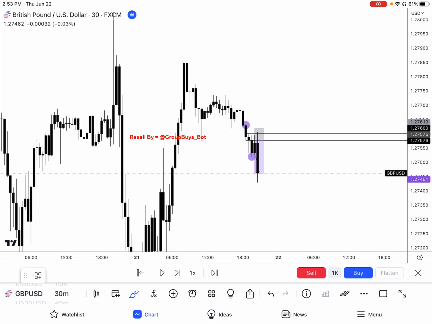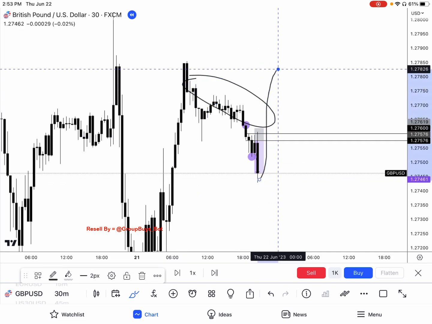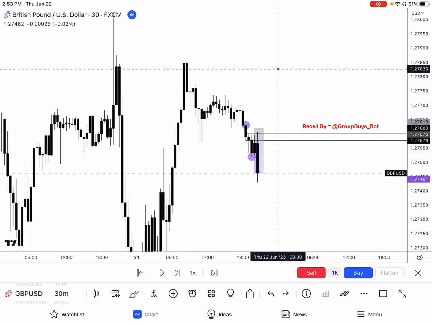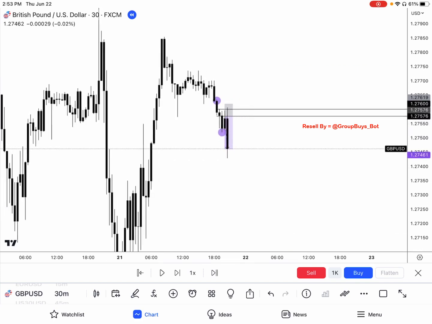Because on the higher time frame, we see all this built up liquidity here, right? So eventually we're seeing a push down to eventually push up, and that's exactly what price did. So I knew exactly the TP right here because on the 30-minute, a lot of times I set my TPs to either the high or the low of the trading range, or to areas where there's the most logic for me to set them.